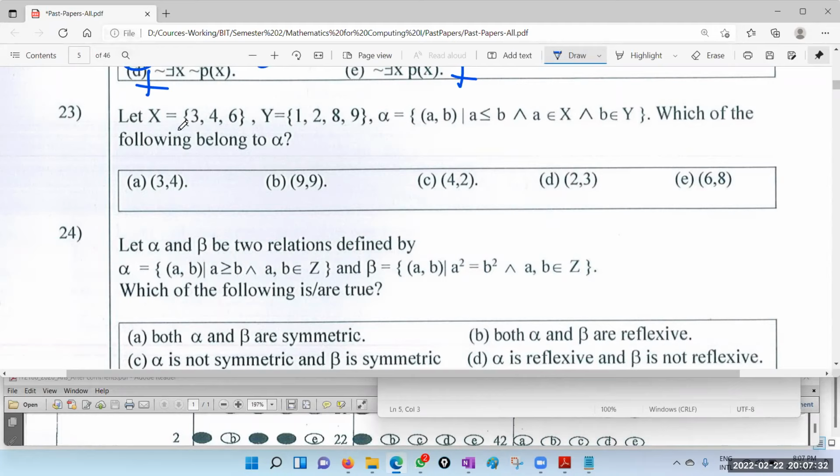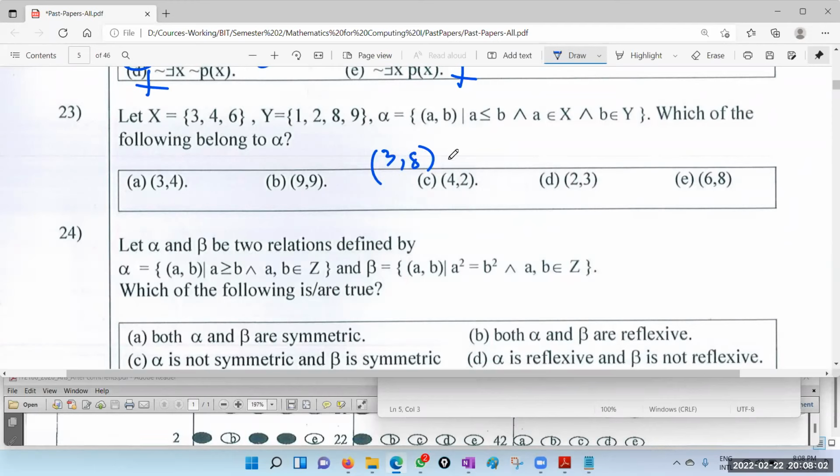So what you need is all the ordered pairs where the first one must be from X, the second one must be from the Y set, and always your A must be less than or equal to B. All the ordered pairs you have to write. Okay, so therefore 3 1 we can't say, 3 2 we can't, 3 8 yes, because 3 is less than or equal to 8.